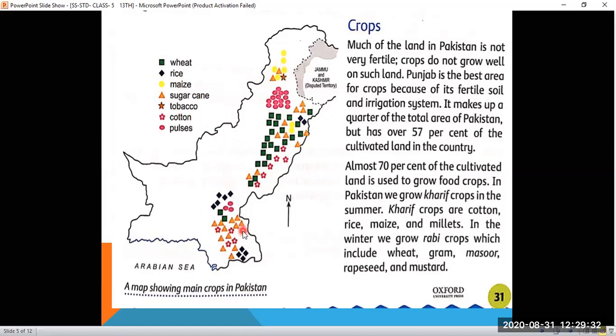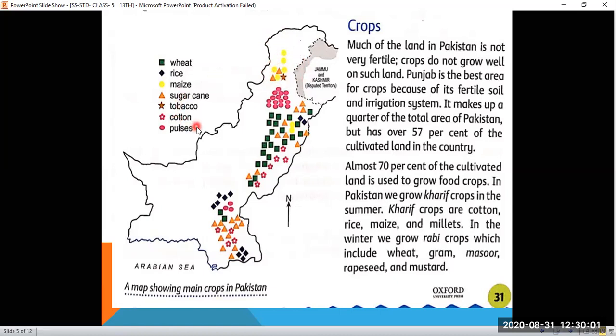Tobacco is mostly in these areas, only these areas. Tobacco is grown only in these areas of Gilgit-Baltistan and KPK.